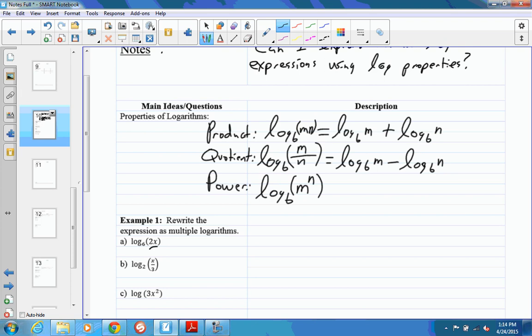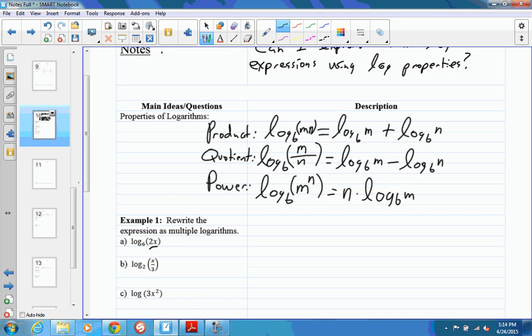That's my power property: log base b of m raised to n. I can take that exponent n and move it to the front as a coefficient, so n times log base b of m. Are there questions?